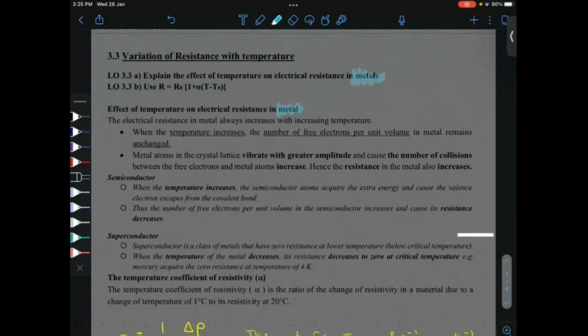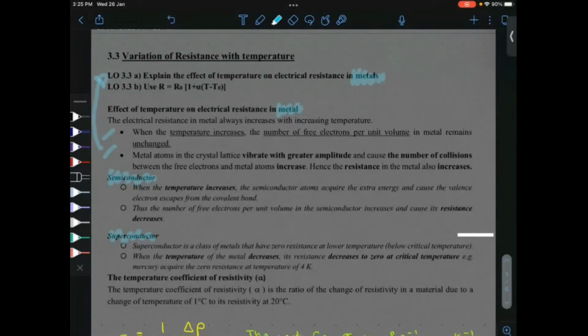For semiconductor and also superconductor, you do not have to know, tapi saya bagi sebagai extra knowledge here so that you can compare and understand the difference between this type of material dekat sini. Okay, untuk awak boleh tengok perbezaan lah dekat sini. Untuk metal, semiconductor dan juga superconductor kamu. So this is the 2 points that you have to know for the first learning objective.